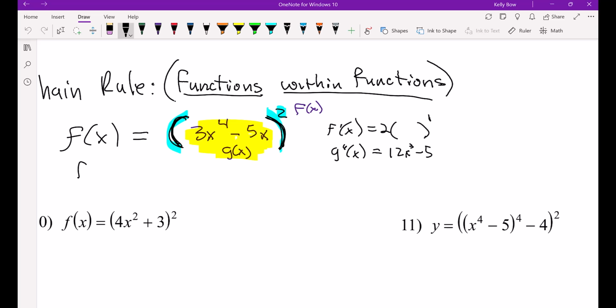When we do the chain rule on the example, we would have 2 times that function, their first power, and then you keep the stuff untouched. Now you multiply by the derivative of the stuff.